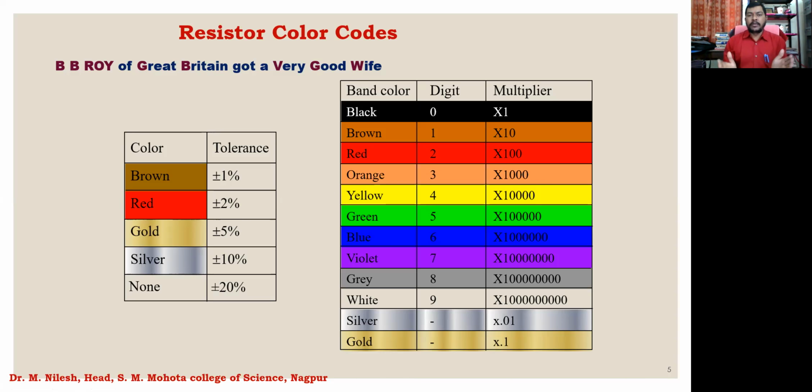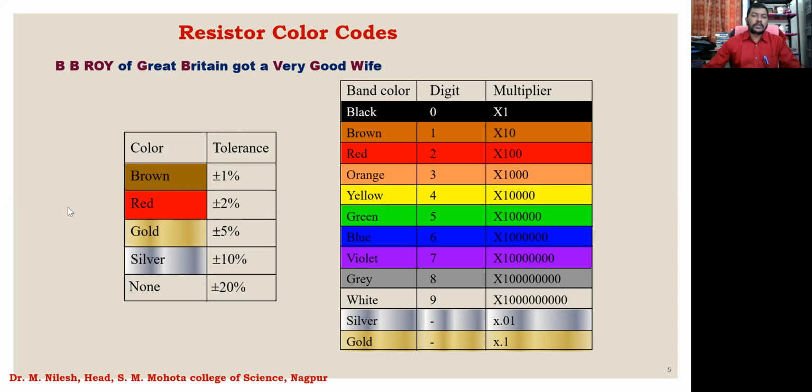If there is no fourth band, then the tolerance will be plus minus 20%, which says that if the resistance is calculated as 100 ohms, then it may vary from 80 to 120.